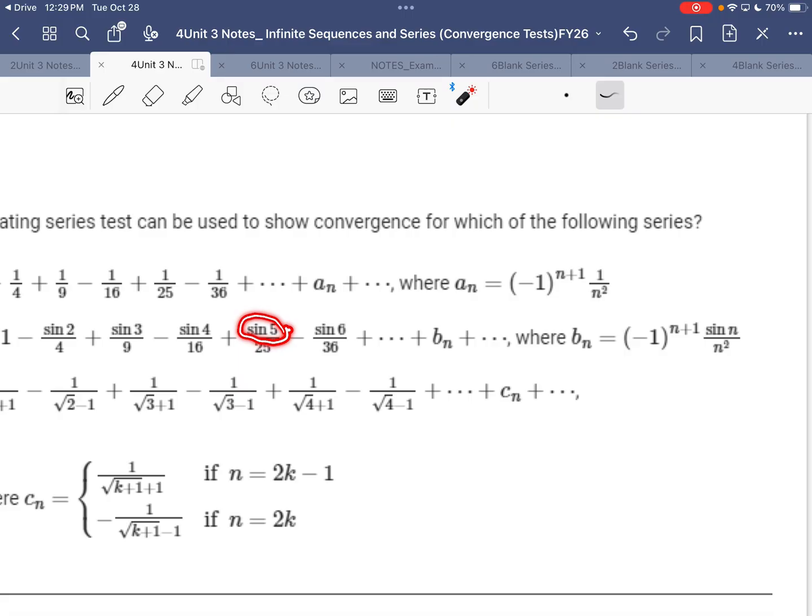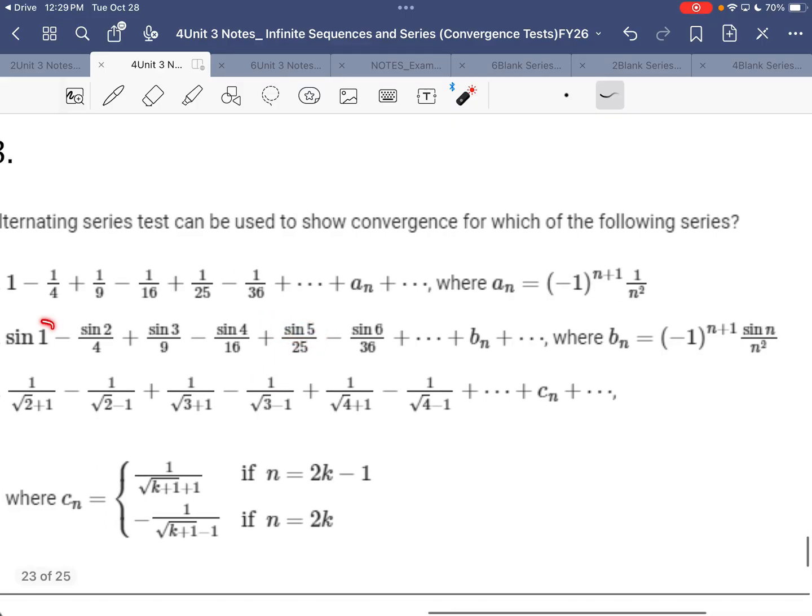It's negative, but sine of 1 is in quadrant 1, right? Think about pi over 3, pi over 2. 3 pi over 2 is 9 divided by 2, which is 4.5-ish. And so sine of 5 is in quadrant 4.